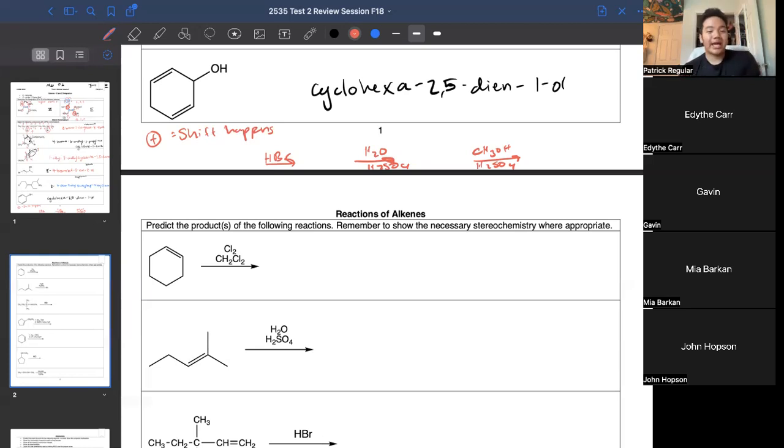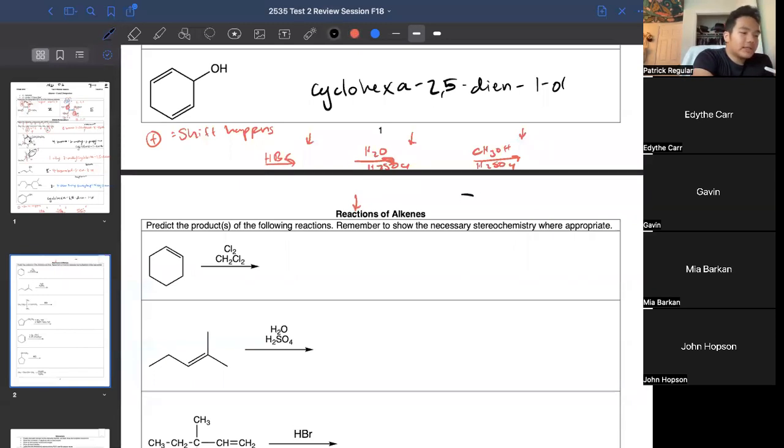But tertiary carbocations, relatively stable. So that's what we like to see. So these are the main 3 reactions you see. And if you were ever just writing reactions like this, where you're predicting the product, those 3 will always have shifts if it can happen.